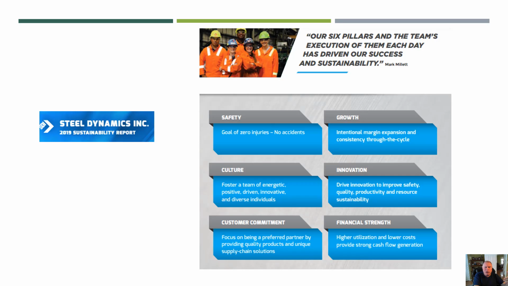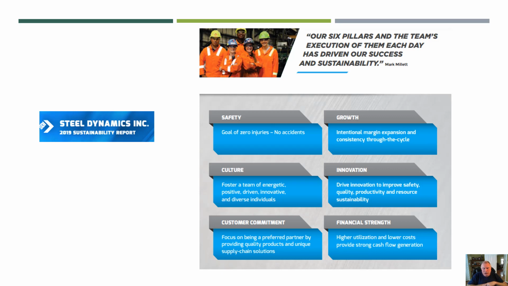And let me take a look now. I'm going to walk you through Steel Dynamics. They produce what's called a sustainability report. The most recent one was 2019, and that's a little bit dated. But what they talk about is there's 6 pillars, and the team's execution on them is what's going to drive their sustainability, which picks up ESG.